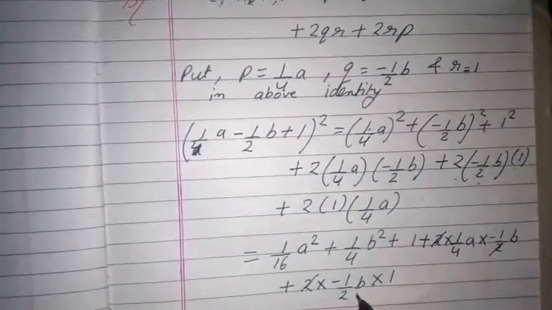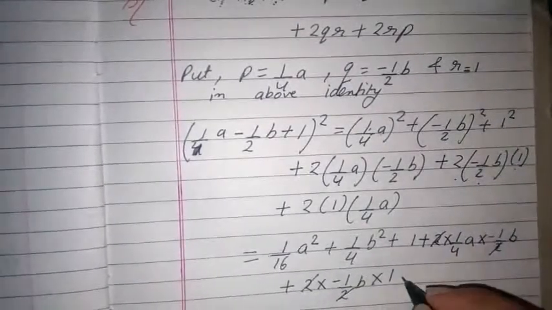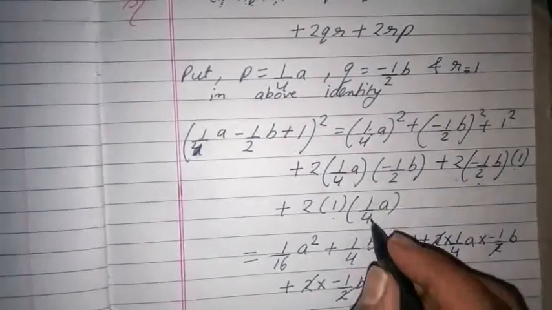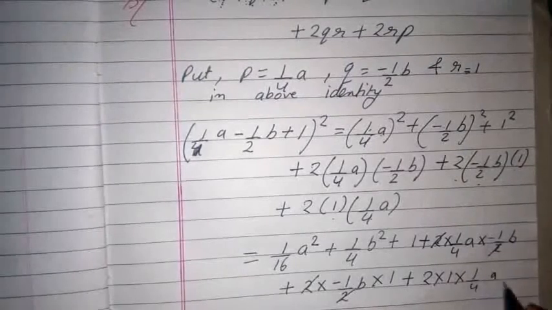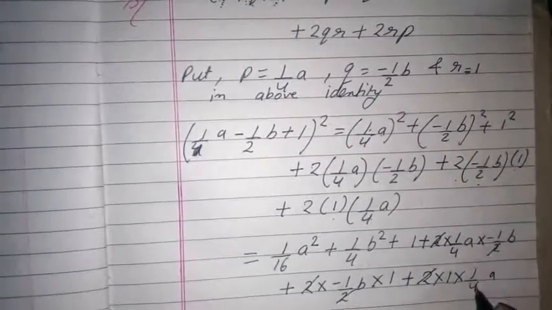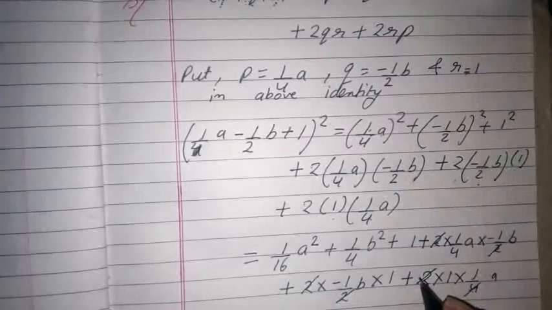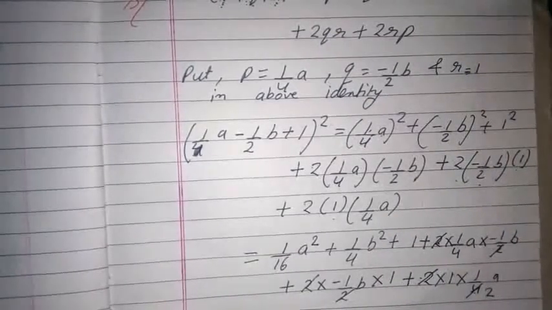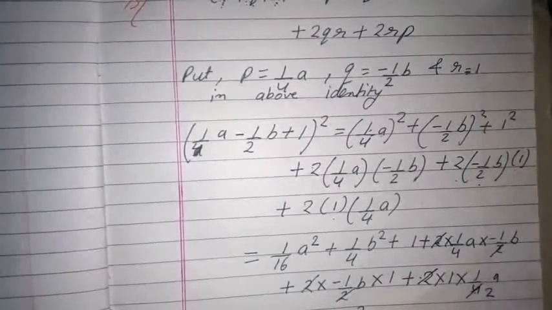Here also we will cancel this 2 and 2, plus 2 into 1 into 1 upon 4a. So here we can cancel this 4 by this 2 times. Okay, then what will remain? 1 upon 16a square plus 1 upon 4b square plus 1.